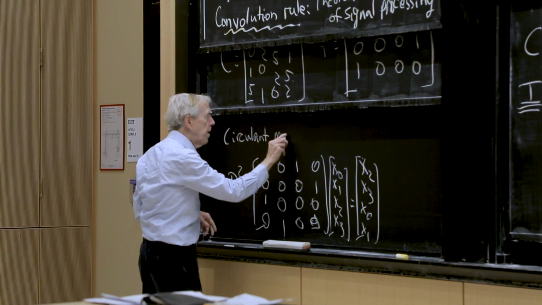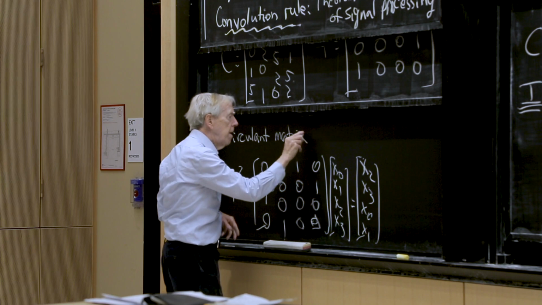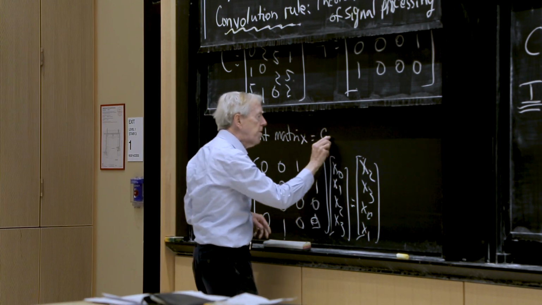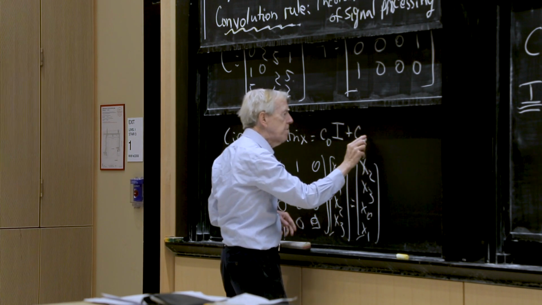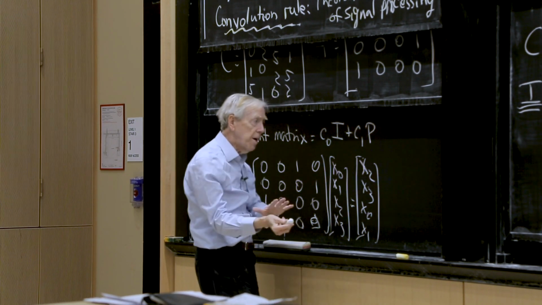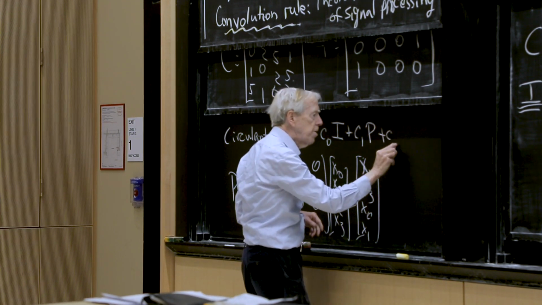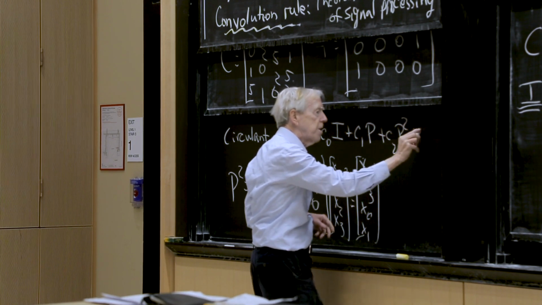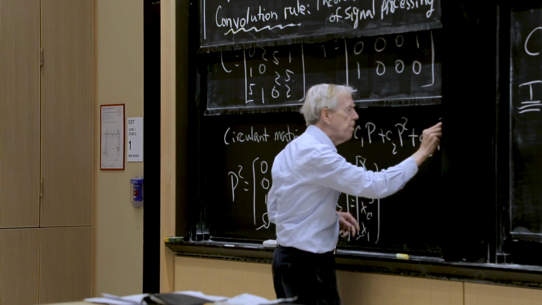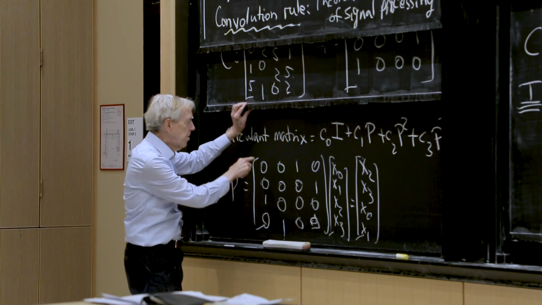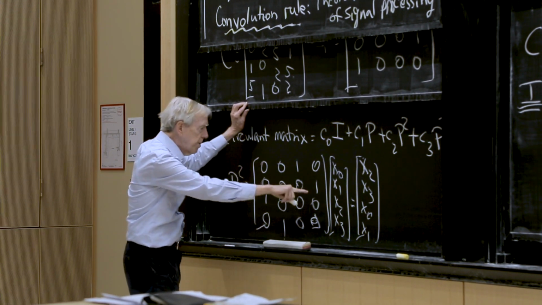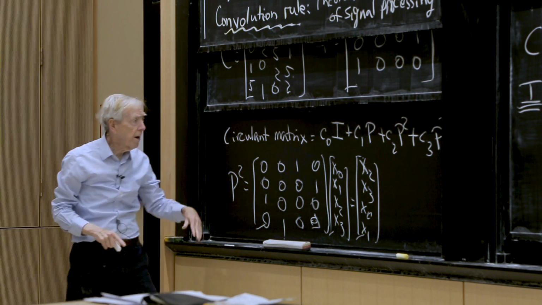Every circulant matrix is C0 times the identity circulant plus C1 times the single shift plus C2 times the double shift plus C3 times the triple shift. That's what it takes to put C0, C1, C2, and C3 on those diagonals.